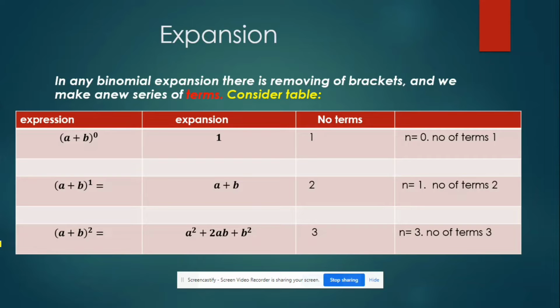Now, Cliff Aundo, you can put on your microphone so that you read for us the first expression. A plus b raised to 0. A plus b raised to power 0. Good. Wilberforce, when we expand that expression, what do we get in the second column?